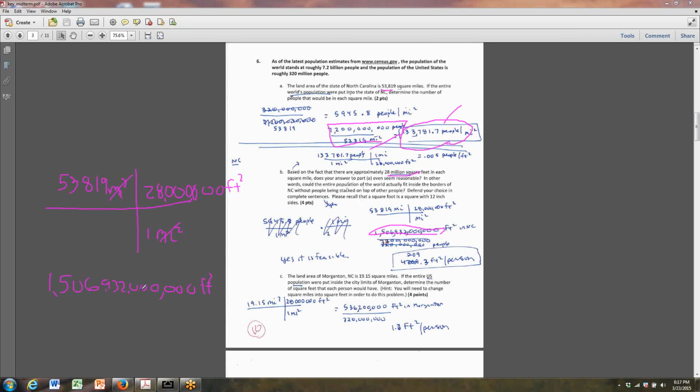Now, it says the entire population, so if we divide this by the entire population, which is 7.2 billion, one more set of zeros. So that's how many people there are.